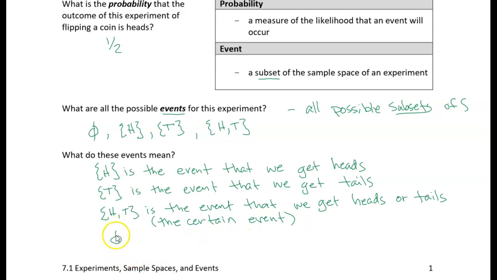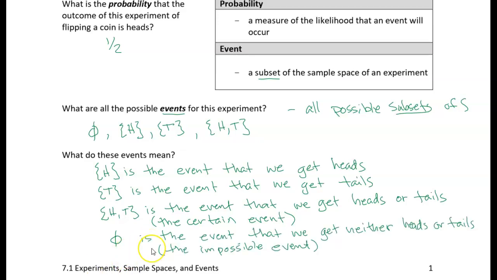Now, what about this one, the empty set? Now, that's the event that we get neither heads nor tails. That's a strange event to consider, but that would be the impossible event, right? I mean, you're going to get something. You flip a coin, I mean, just logically, it's going to land on either heads or tails.